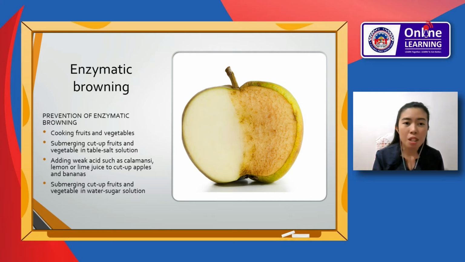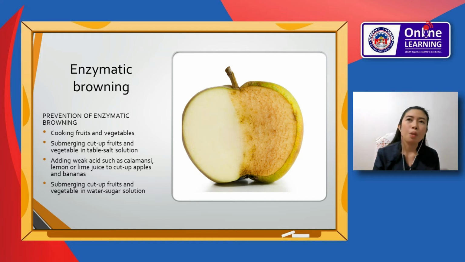First, by cooking fruits and vegetables, or by submerging cut up fruits and vegetables in a table salt solution. The third one is by adding a weak acid such as calamansi, lemon, or lime juice to cut up apples and bananas. And lastly, of course, by submerging cut up fruits and vegetables in water with sugar solution.